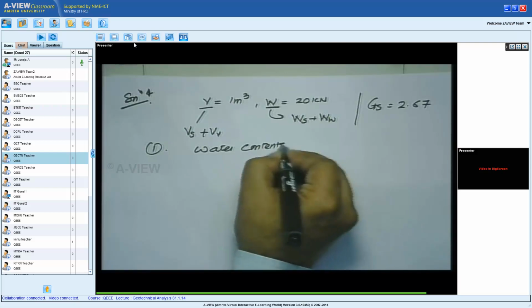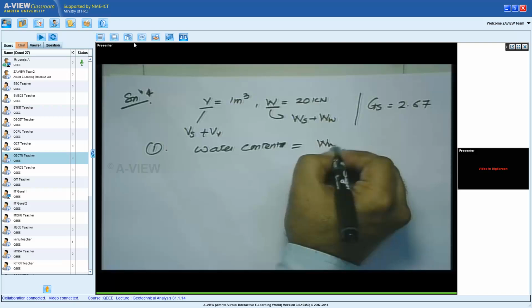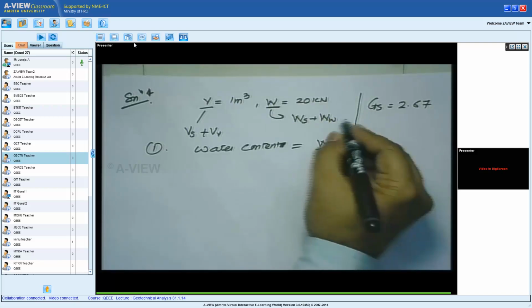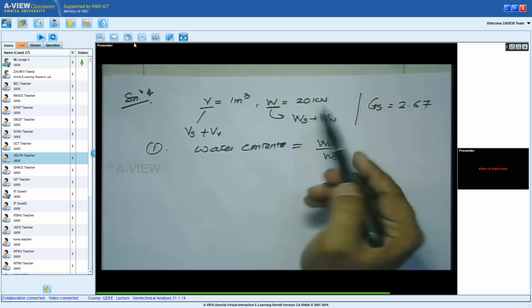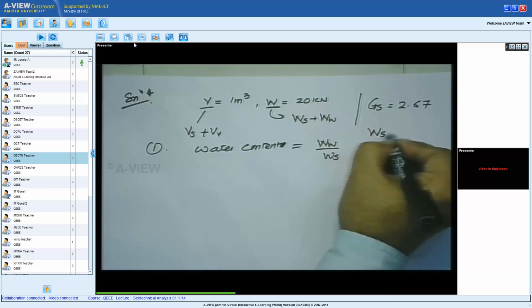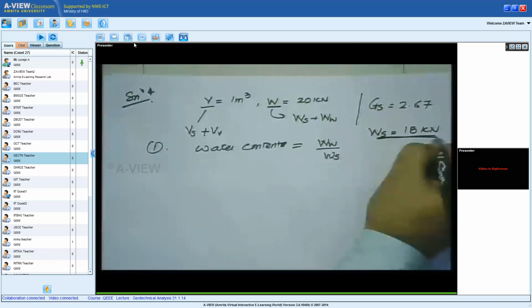The first part of the question: determine the water content. The easiest, water content by definition equals weight of water over the weight of solids. Now, look at this carefully. Dry weight is given, so weight of solids is given as 18 kilonewton. That's the dry weight.